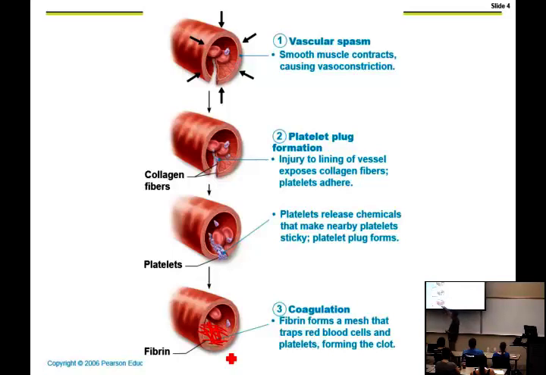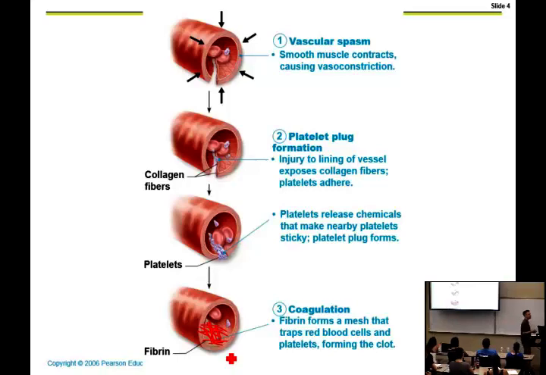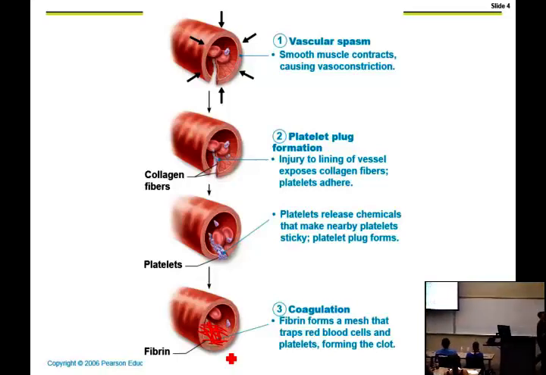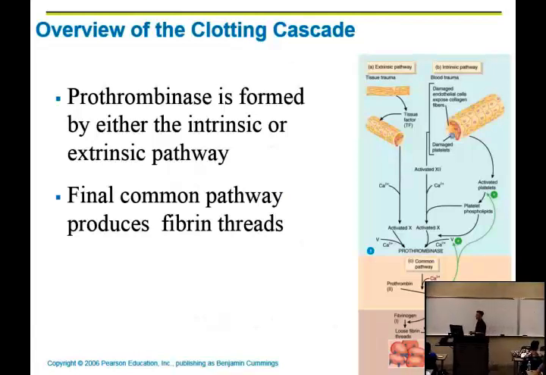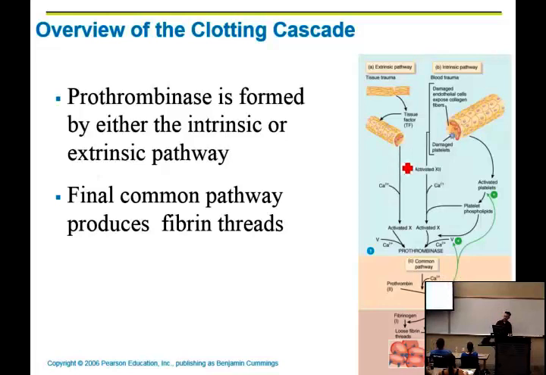Whether it's collagen fibers and scar tissue, or whether it's functional like epithelial tissue, we want to get back to having an intact blood vessel again. So having the clot there not only stops the blood from leaking, but it gives the blood vessel time to heal again. And then, once the blood vessel is healed, we'll actually get rid of that clot through a separate process.